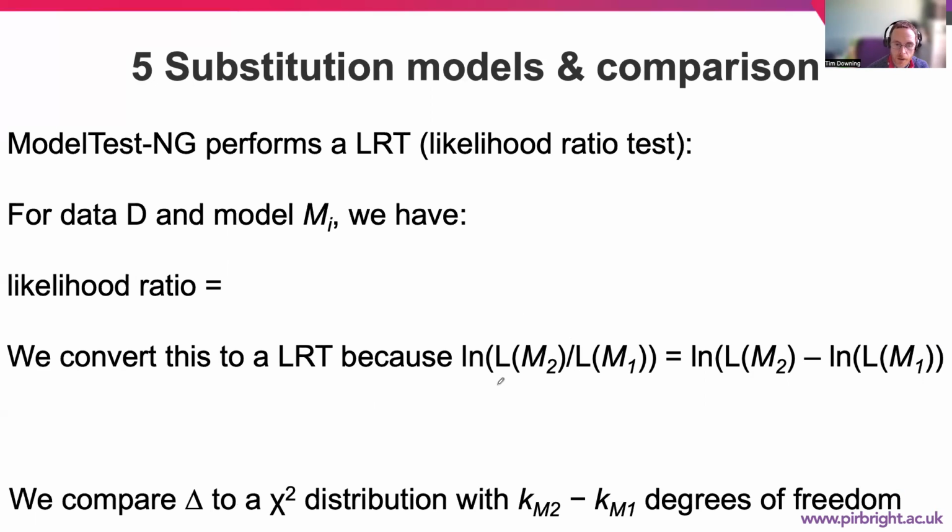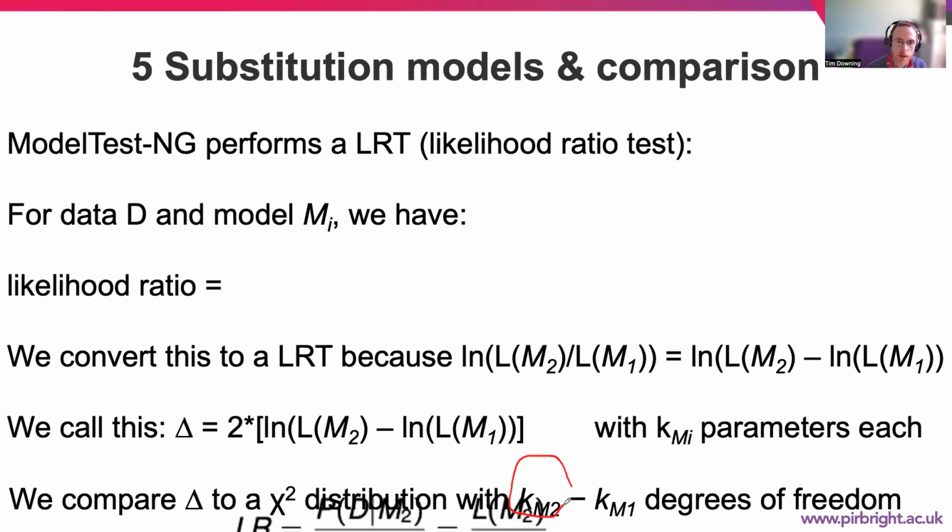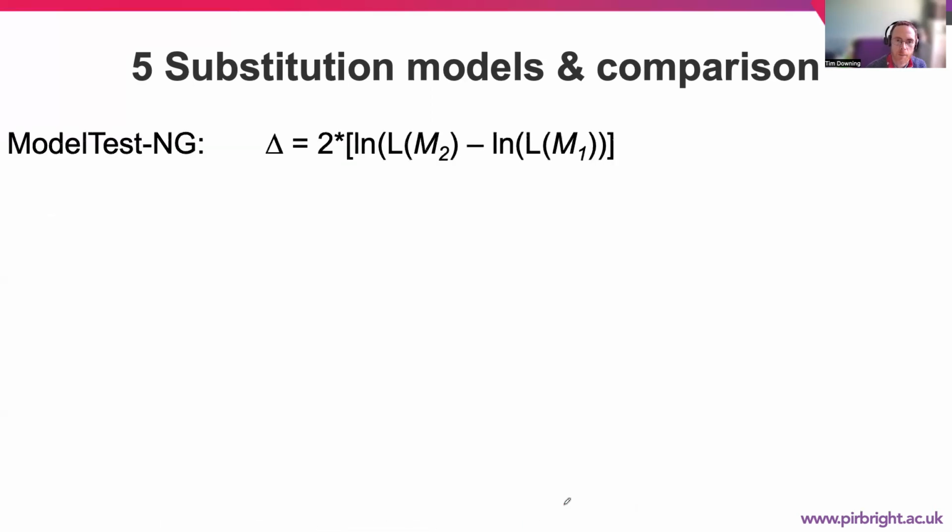We then take that value and compute the difference in the degrees of freedom between model 2 and model 1. Model 2 will presumably have more parameters than model 1, a simpler model. If we take an example here, where we're computing this formula, we're taking twice the log likelihood difference between them and comparing that to a chi-square distribution.